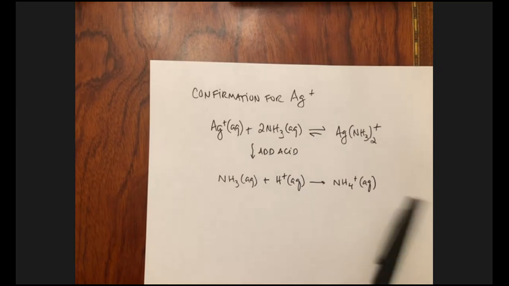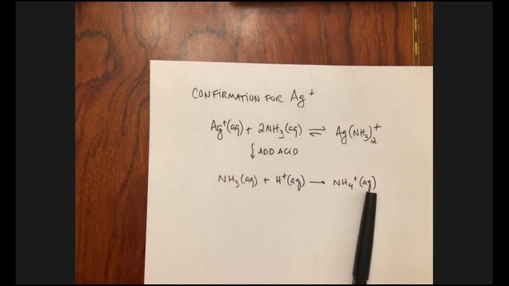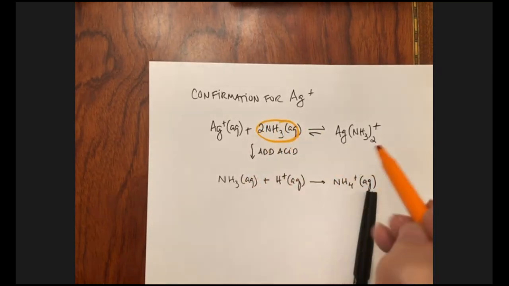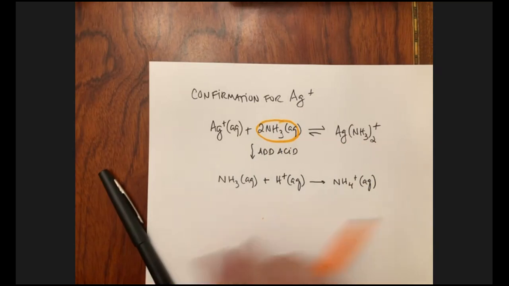But once more, remember, the important thing here was that the ammonia was there to help keep the silver ions in solution and not reprecipitating with chlorides.